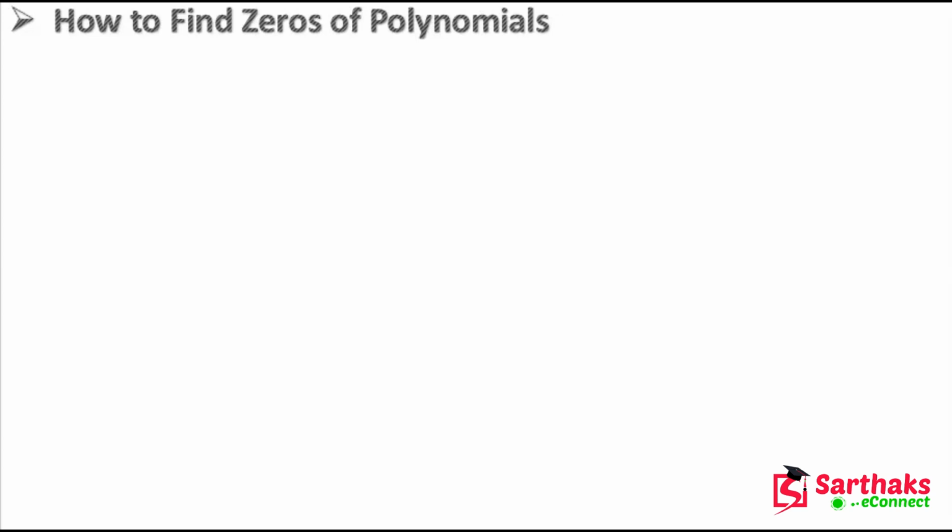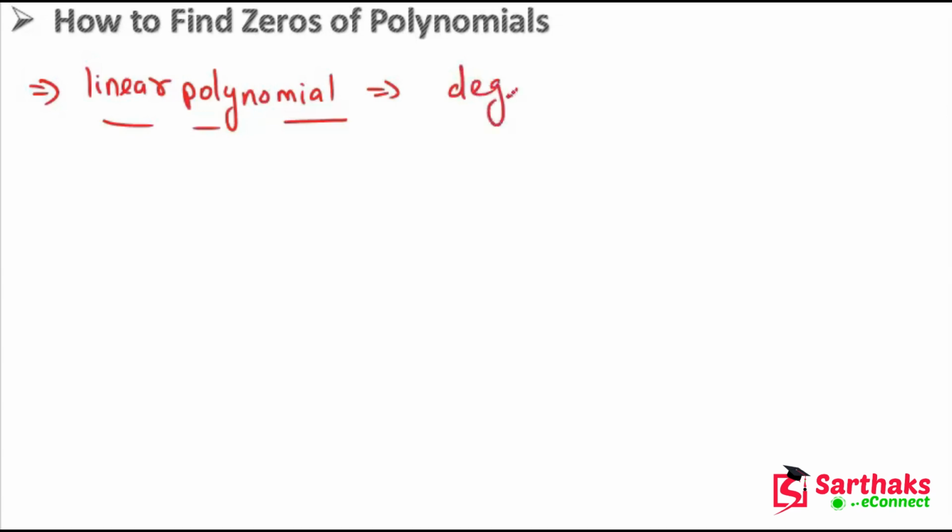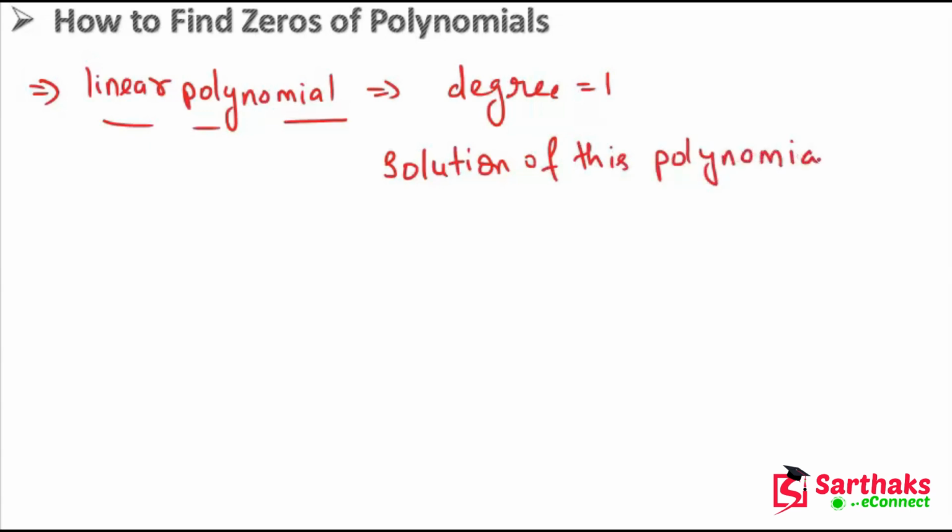Let's suppose we have a linear polynomial. In this linear polynomial, we know that the degree is 1. So the number of zeros of this polynomial is 1 always.